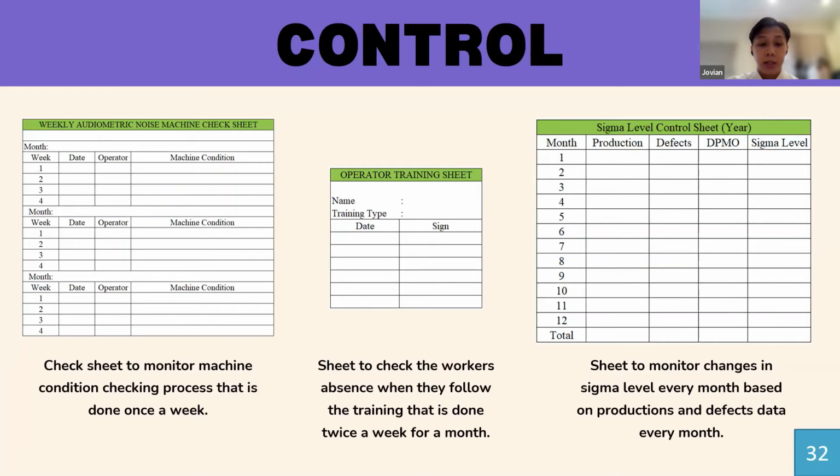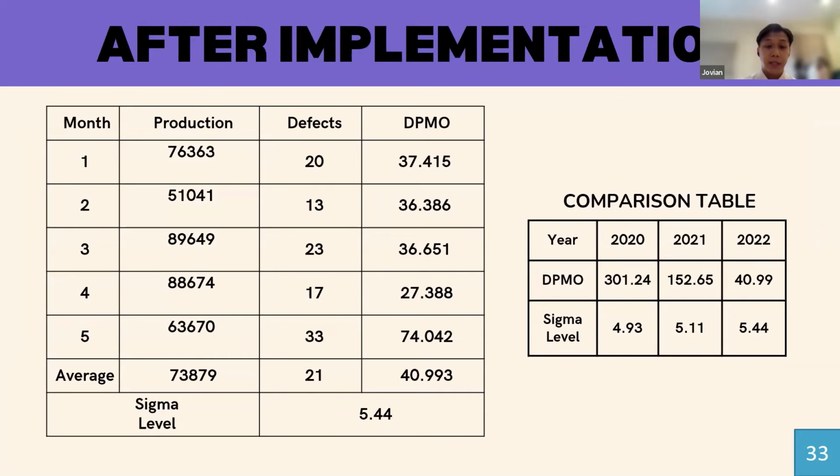The last one is the sigma level control sheet, used to monitor the changes of sigma level every month. After the implementation of the proposed improvement, there was a decrease in the DPMO from January until May 2022, which results in an increase in the sigma level, which can be seen in the comparison table.